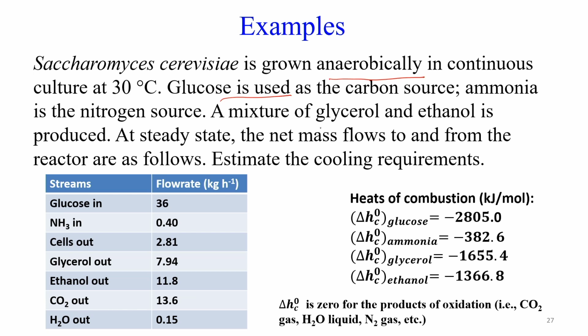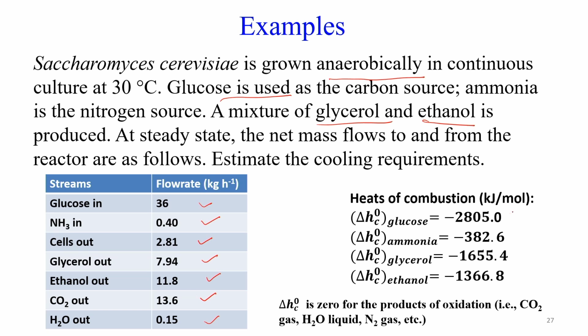What are the products? Glycerol and ethanol are produced, and at steady state the net mass flows to and from the reactor are given here. So, glucose is coming in, ammonia is coming in, cells are out, glycerol is out, ethanol is out, carbon dioxide is out, and H2O is out.